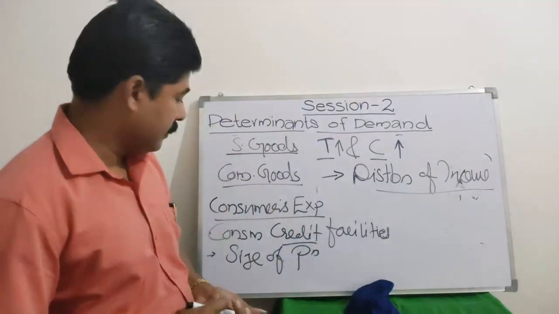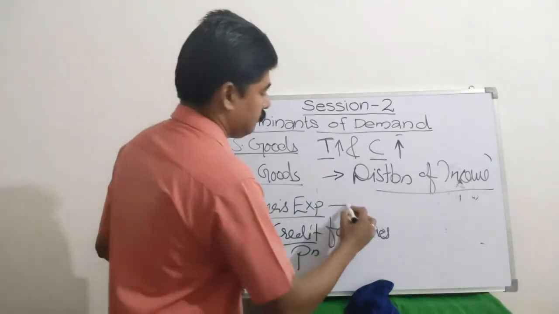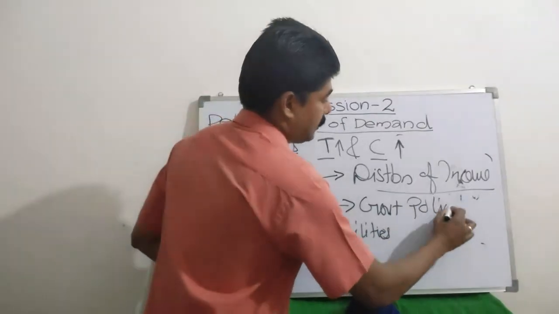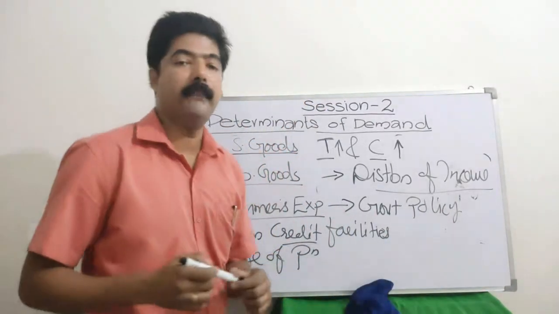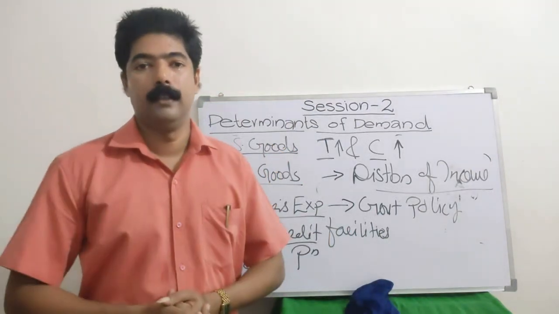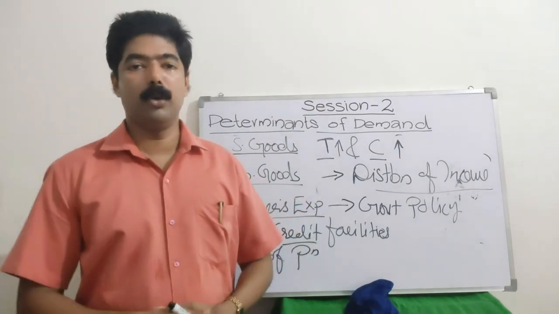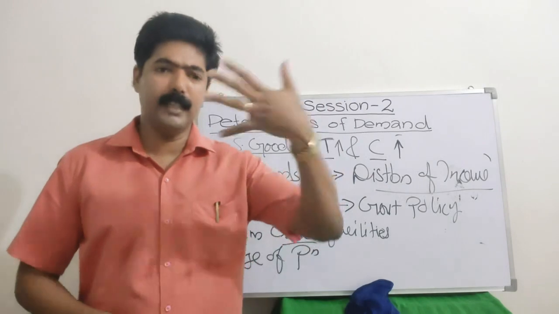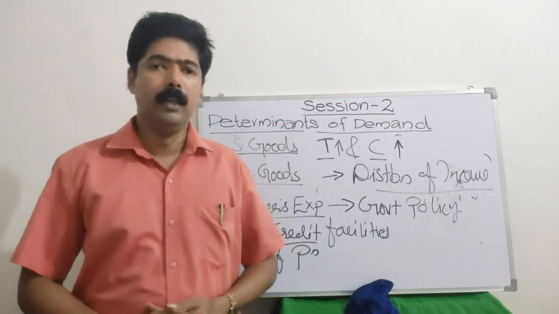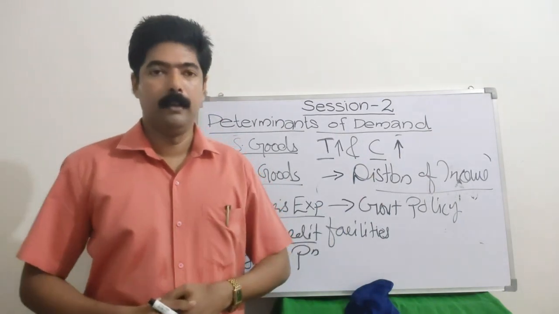And then the last point is government policy. How do government policies affect the quantity demanded of a commodity? Sometimes the government has an important role, not every time, to control the demand of the people. How? For example, we are paying GST these days.